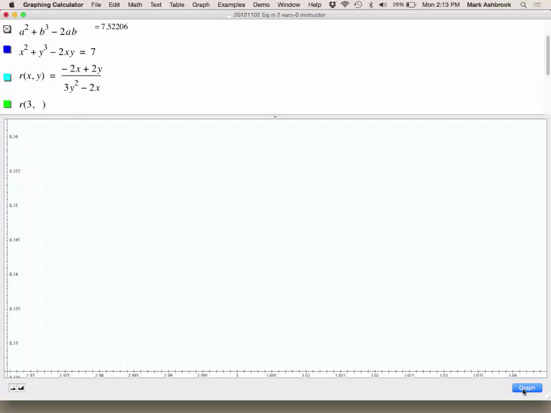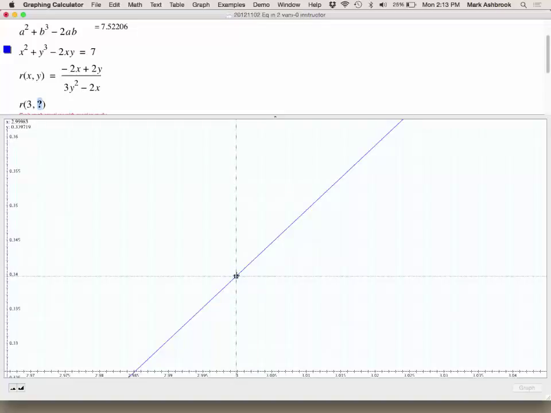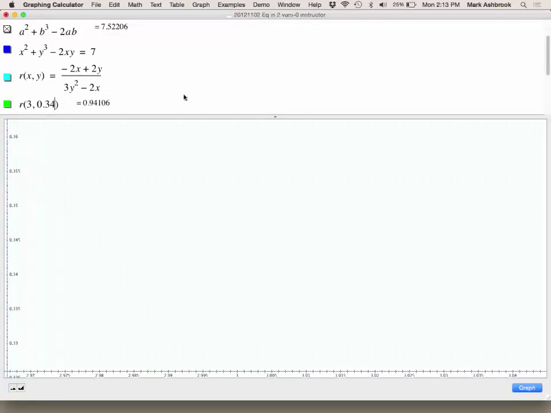Didn't write it down. Now I've lost it. Point, what is it? Can't read it. 0.34? Is that what that says? Look at that. Rate of change is 0.94, about 1, right?